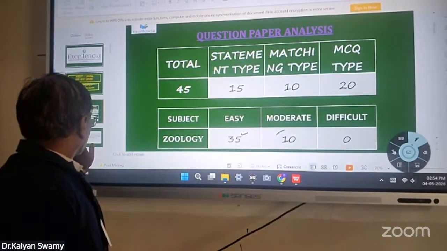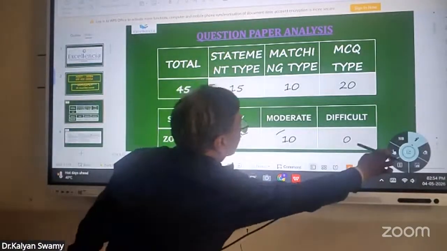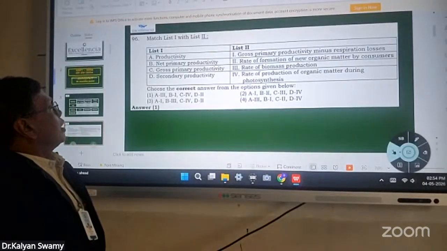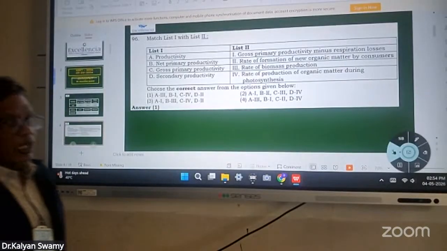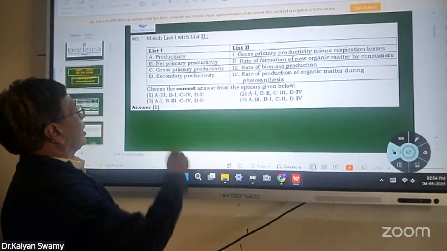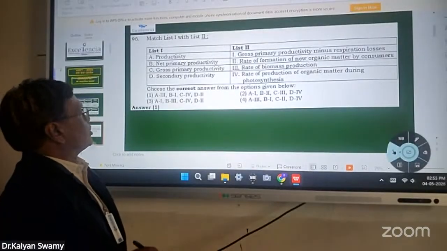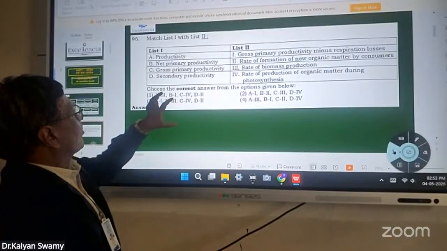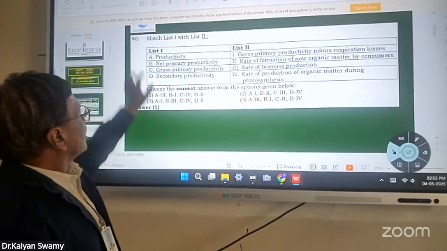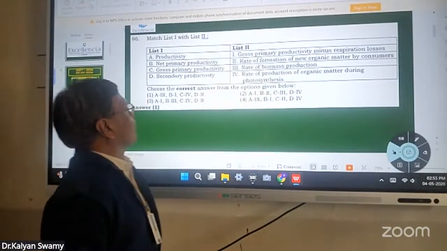Directly entering into the paper. Question 96 is a very straightforward question. Productivity, net primary productivity, gross primary productivity, secondary. Whenever this type of question comes, first take whichever option is most familiar to you. Productivity, the rate of biomass production, is called what? Productivity.